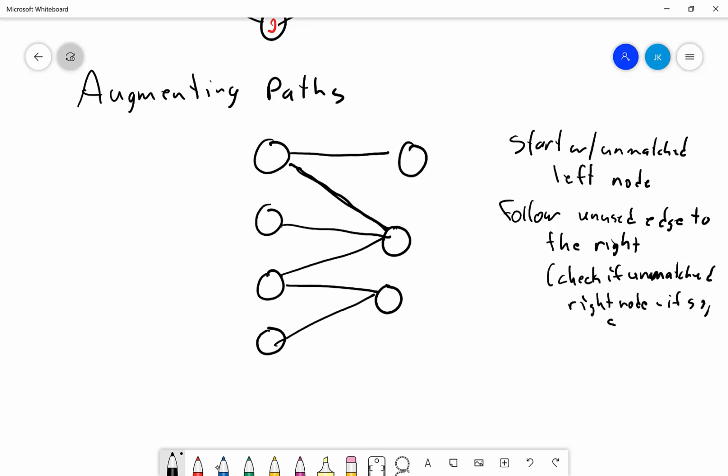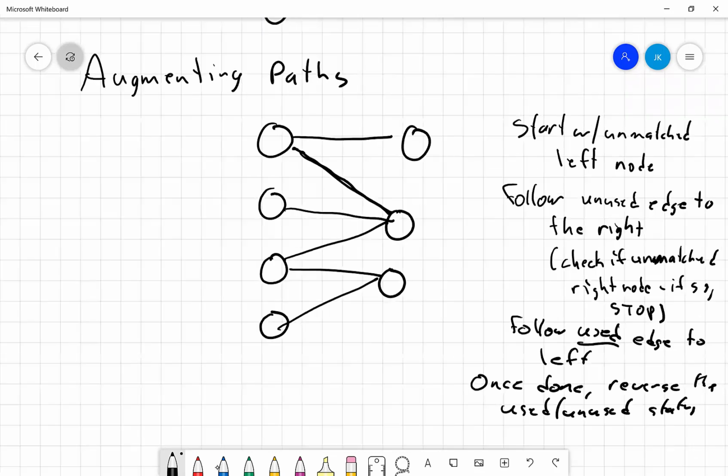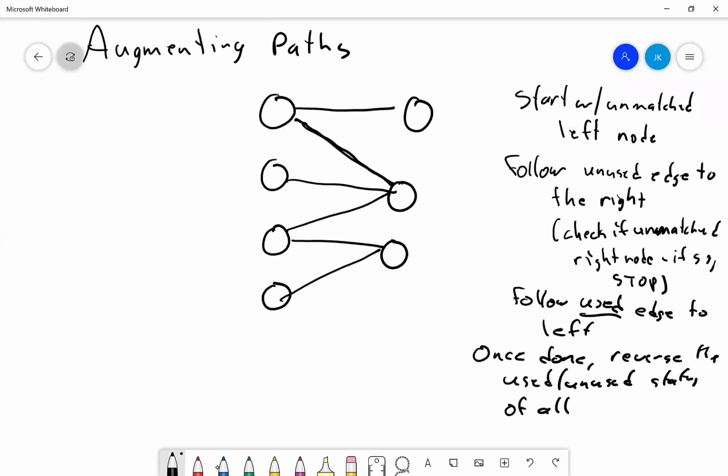If so, I will stop. Otherwise, I'll follow an unused edge to the right, and then I will follow a used edge to the left. And then once I'm done, I will reverse the used, unused status of all the edges on the path.